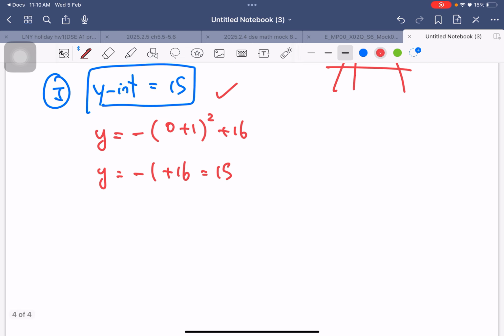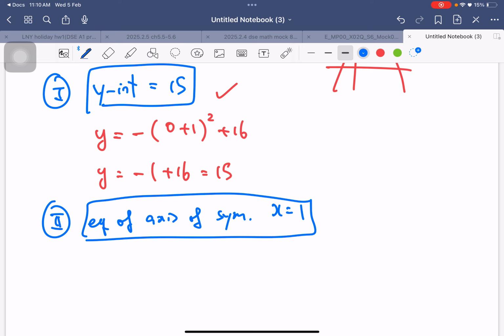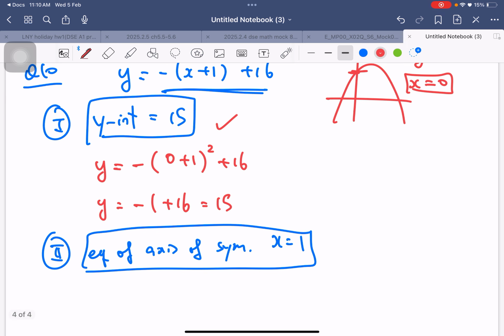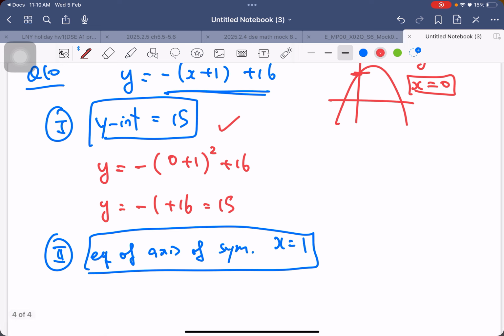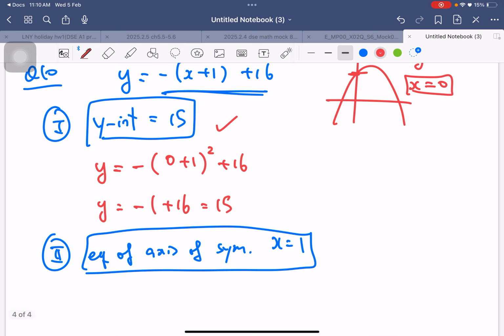Okay? So for the second one, we need to show the equation of the axis of symmetry. The equation of the axis of symmetry is x equal to 1. What is the meaning of axis of symmetry? Remember? The middle of the curve.